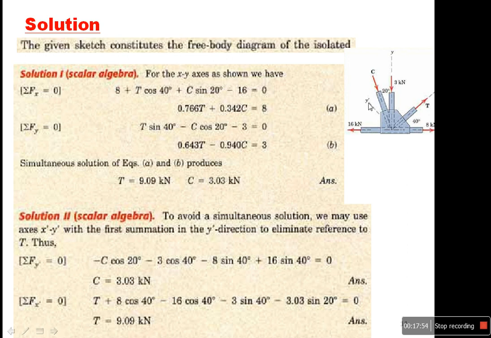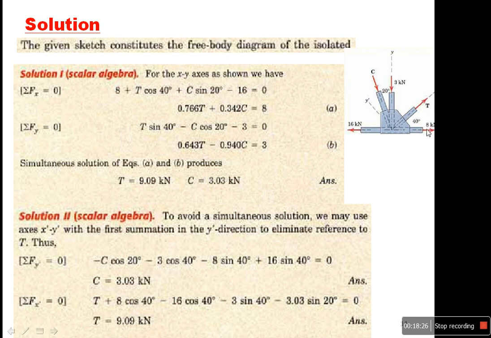C cosine 20, I will get the component of C in the opposite direction of y dash, minus 3 cosine 40, because this is 40. 3 cosine 40, I will get the component in the direction of y, but this time opposite direction of y dash, so it is minus.